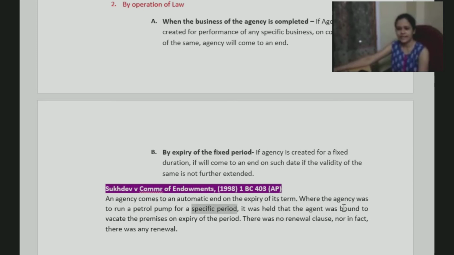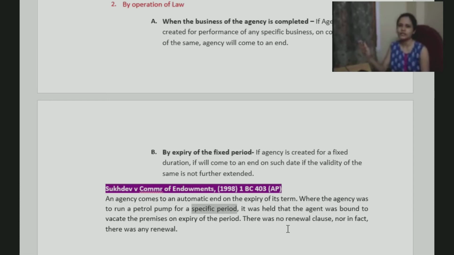It was held that the agent was bound to vacate the premises on expiry of the period. There was no renewal clause, nor in fact was there any renewal. So if you do not have any renewal clause and you have not renewed the agreement, then it indicates that your contract will come to an end once this period is over.